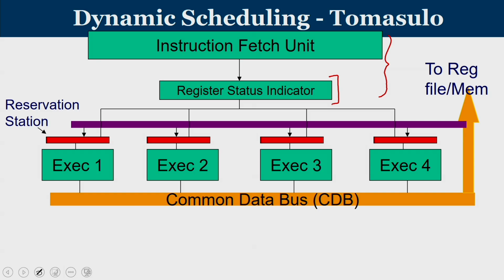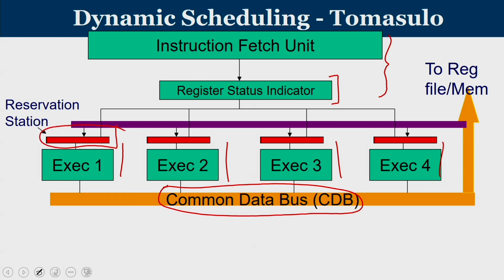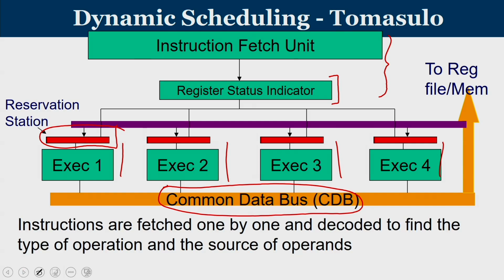The purpose of the register status indicator is to tell the status of a register value, for example, whether the content of the register is really available in the register file or whether it will be produced by some execution unit. And then we have various execution units, and as mentioned, all execution units are connected to a common data bus, and on the input side of the execution units, we have the reservation stations, which are basically queues to enter into these execution units.